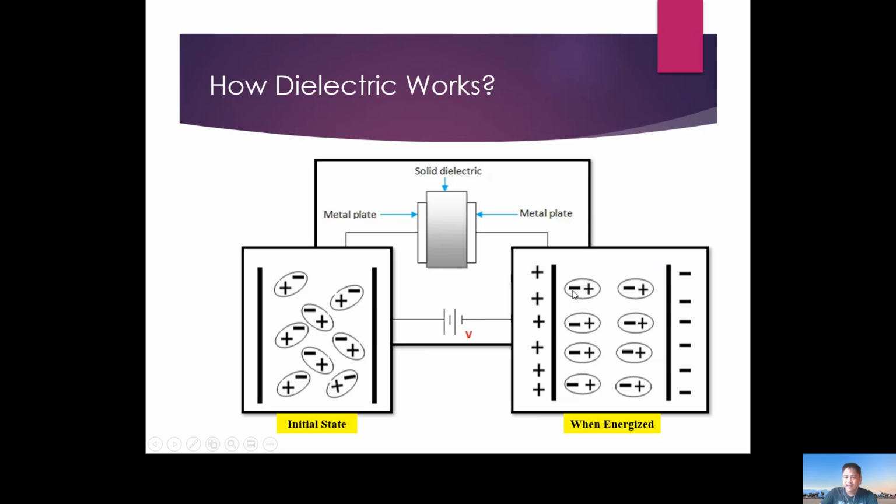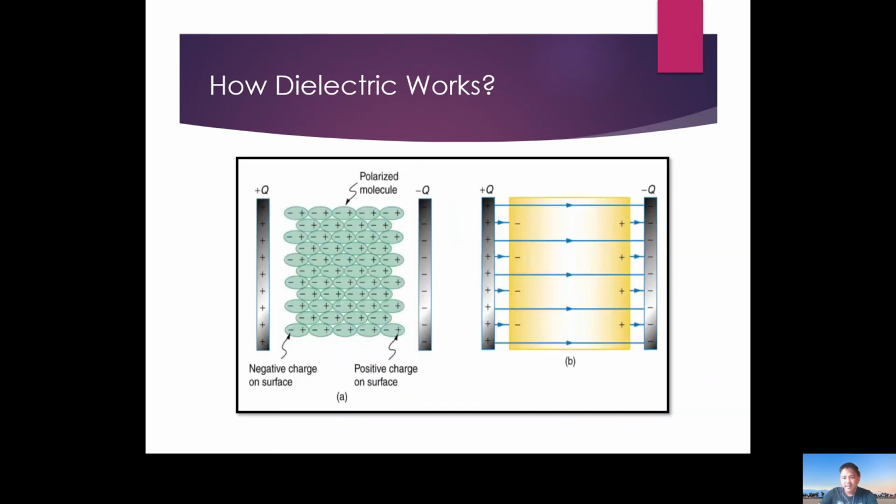Then this becomes negative, positive, negative, positive, because this side is positive, so it attracts the negative part of the atom. This is basically the microscopic image of the atoms within the dielectric. I have here a more detailed image of that. Apparently, this is a polarized molecule because it follows the same concept of opposites attract.